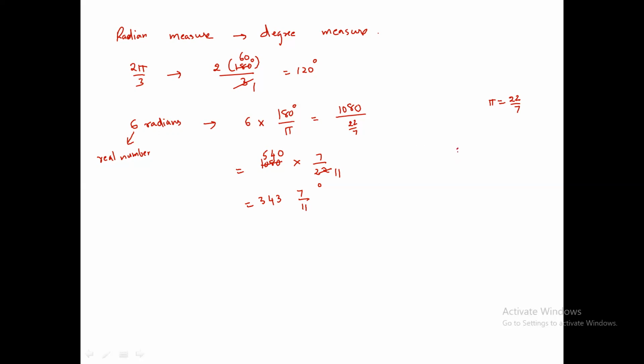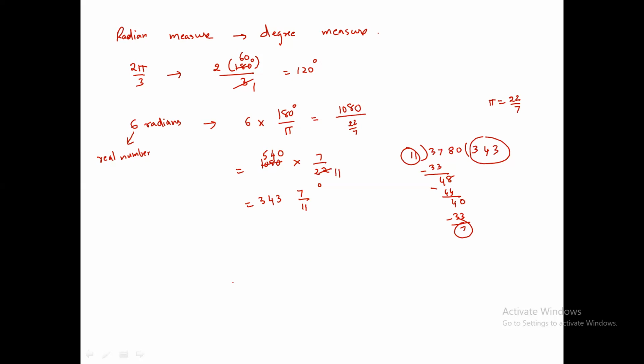If you want, you can see 7 0, 7 4s 28, 2, 7 5s 35, 37. You divide by 11, 11 3s 33, then 4, 8, 11 4s 44, 4 and 0, 11 3s 33, then 7. So 343 7 by 11. Like this you can write.